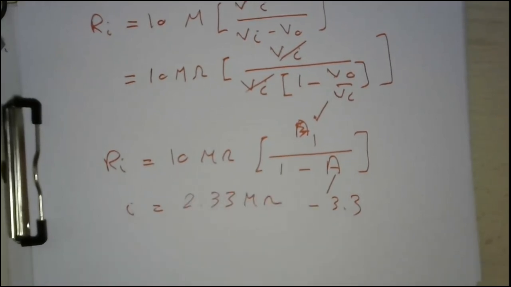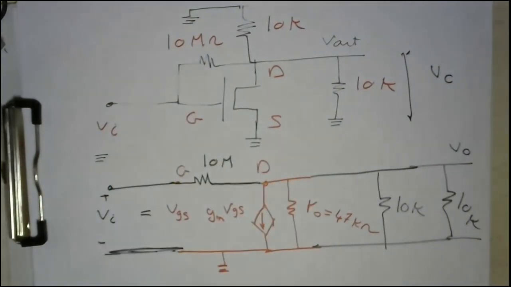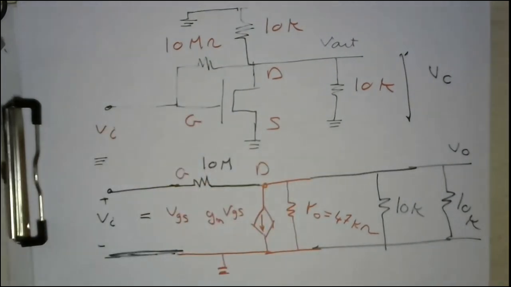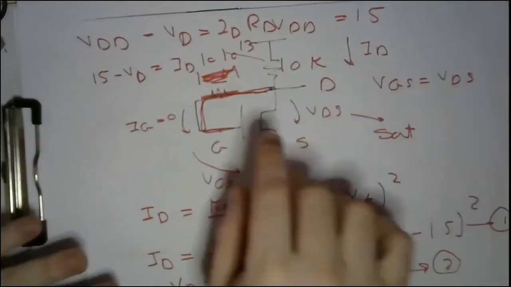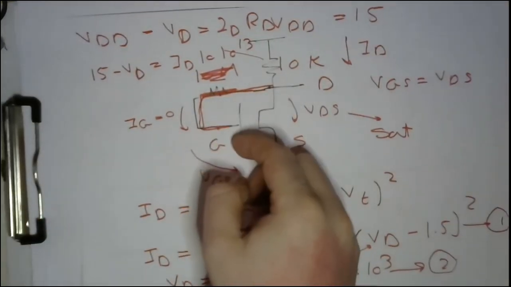Herein, there is a very important question. Maybe while you are solving the circuit, you ask yourself, why do we insert this 10 mega ohm? Because this 10 mega ohm is neglected in the DC analysis, if you remember. In the DC analysis, we neglected this 10 mega ohm because the current in the gate was equal to 0.